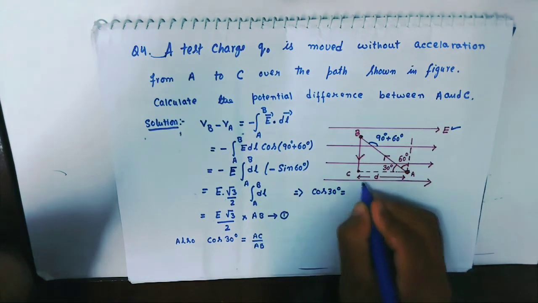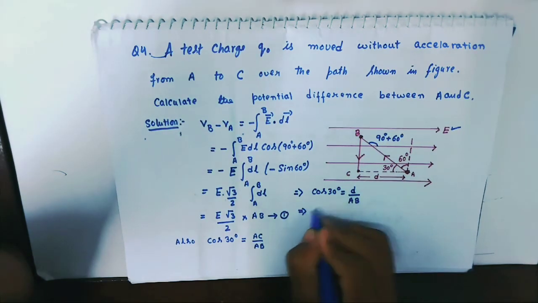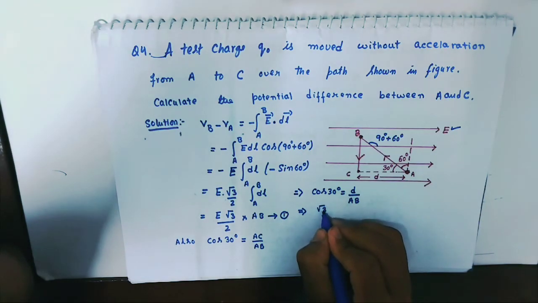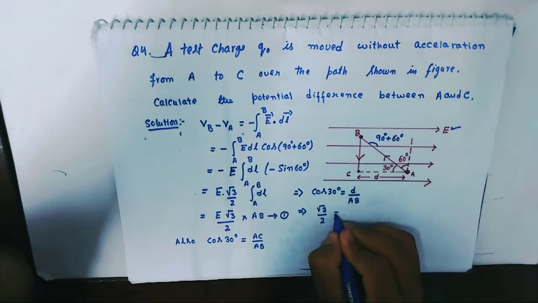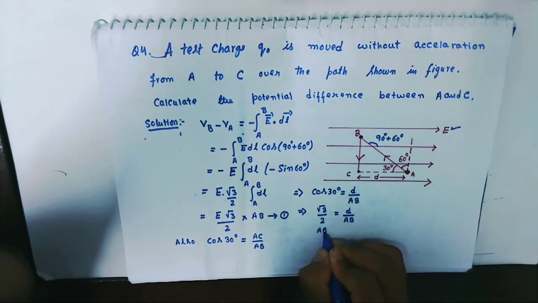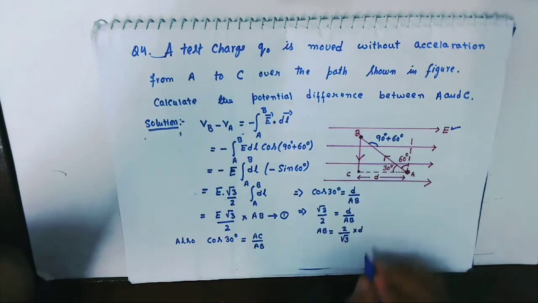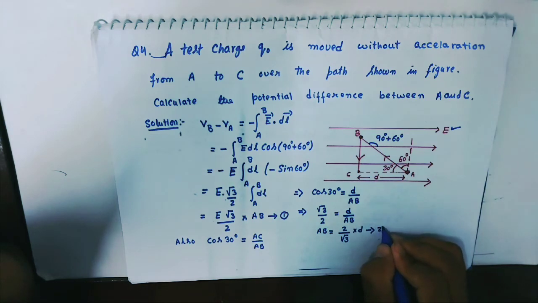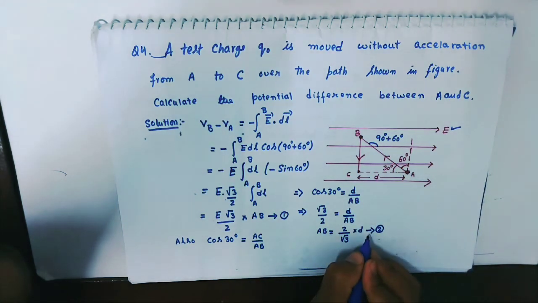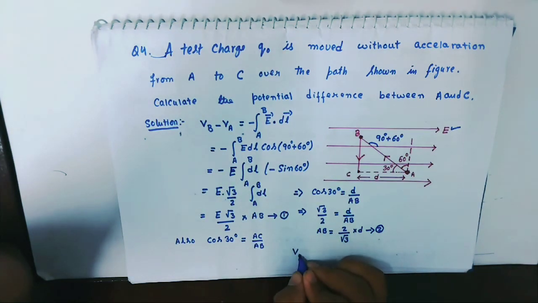Instead of AC, I'll put D. So cos 30 degrees, which is root 3 by 2, equals D by AB. So this AB is equal to 2 divided by root 3 multiplied by D. This is equation 2. If we put this value of equation 2 in equation 1, we can write VB minus VA.